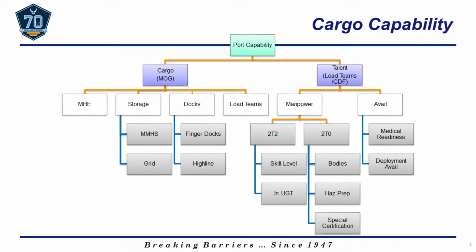And the manpower side of it is on the other. You know, we could have all the loaders and all the equipment we could want, but if we don't have the load teams to be able to handle that, or the teams to be able to build up cargo, we're going to be limited in regards to what our talent can do.